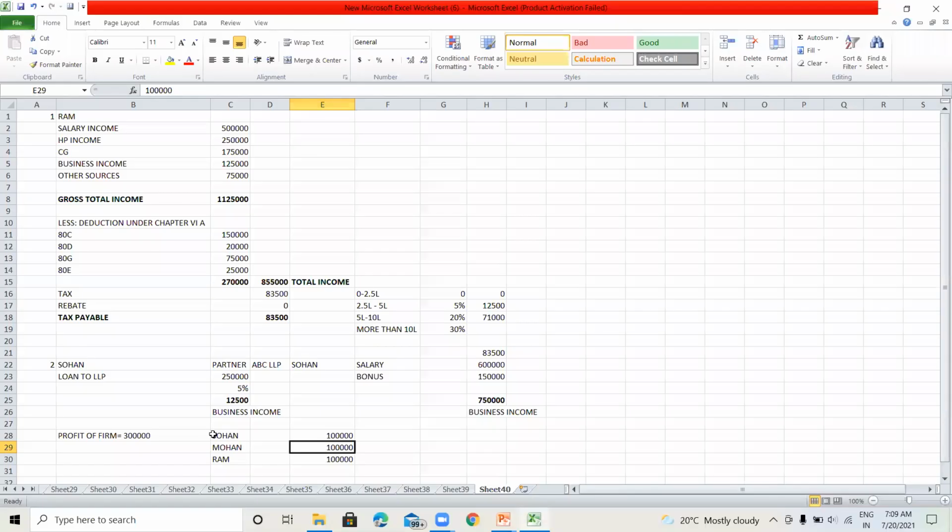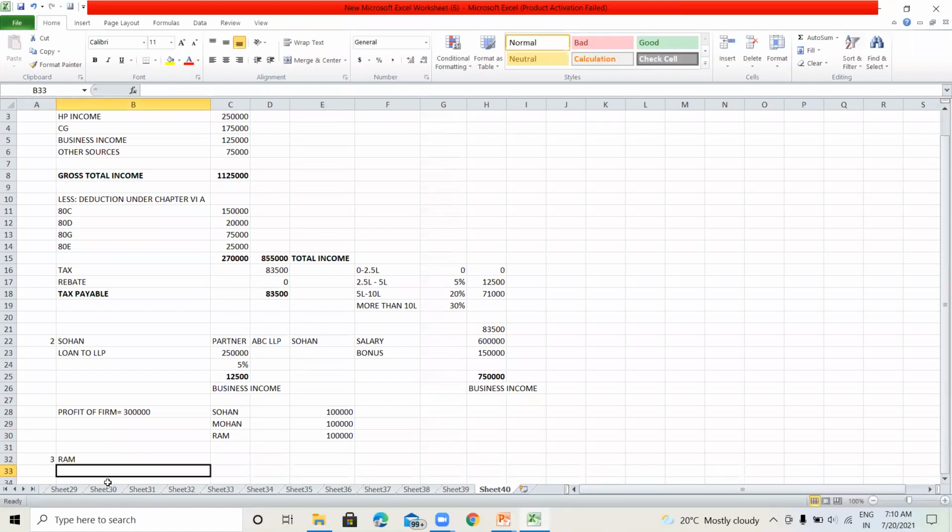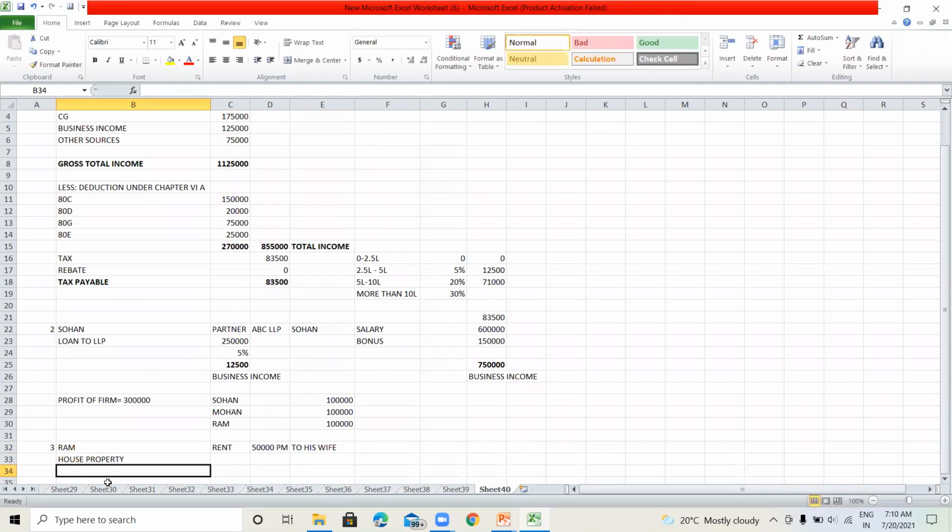For example, Mr. Ram transferred the rent from house property, rent of rupees 50,000 per month, to his wife, but the house property is in the name of Mr. Ram. So in this situation, the income is transferred by Mr. Ram to his wife, but the property is in the name of Mr. Ram, so the provision of clubbing will be applicable.